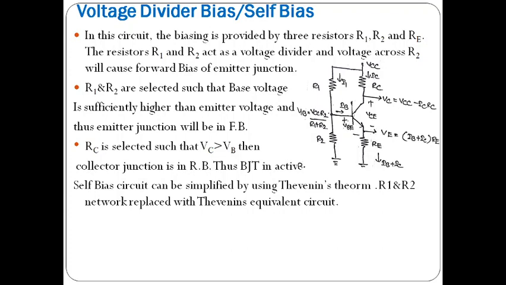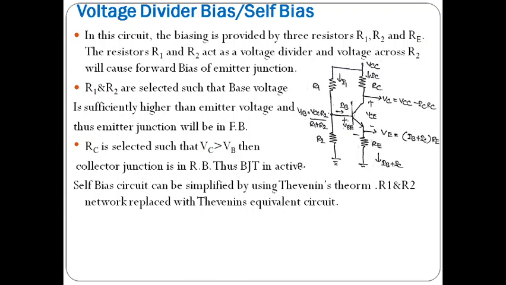R1 and R2 act as a voltage divider, and the voltage across the R2 resistor causes the forward bias of the emitter junction. That voltage at point B, VB, is the reason the emitter junction is forward biased.